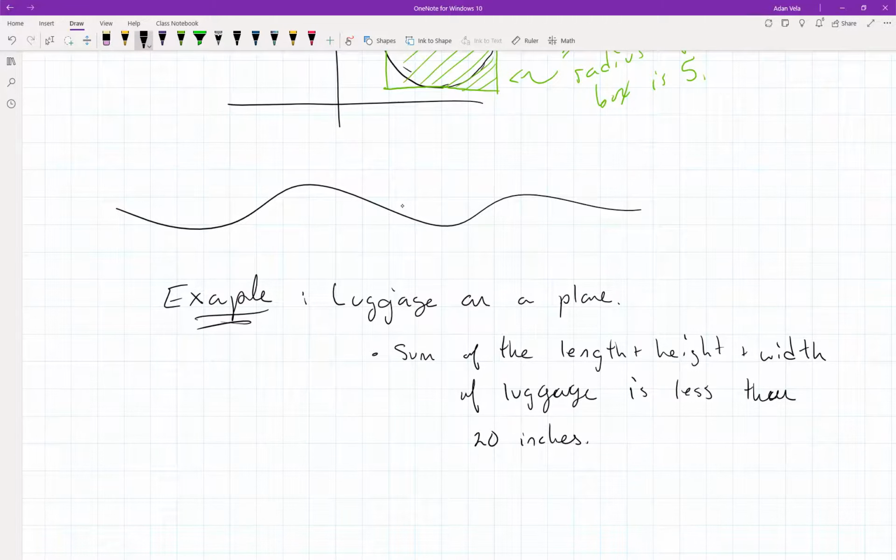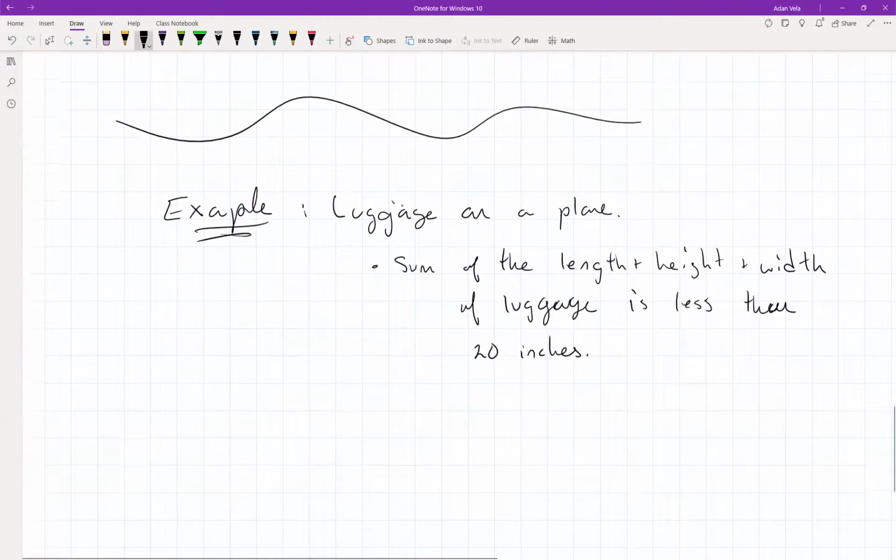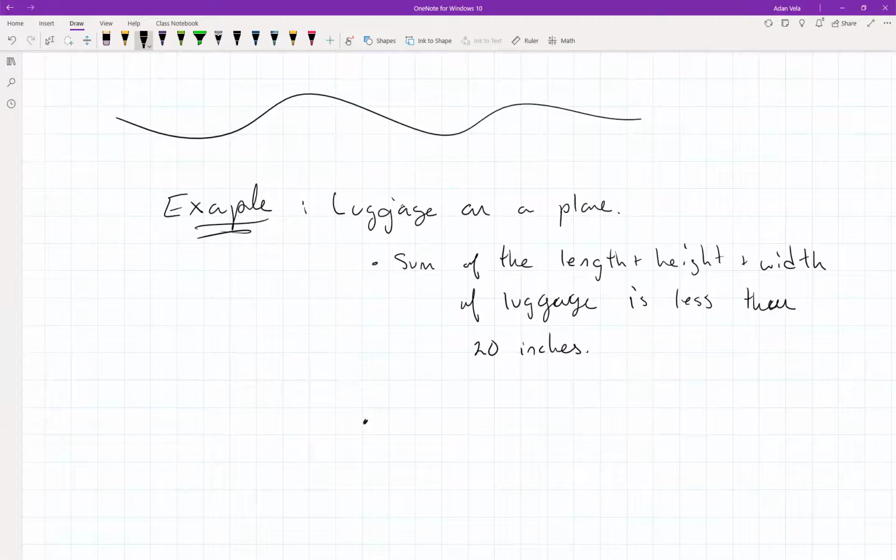That certainly happens. They might also say no one side of the luggage is longer than 12 inches.